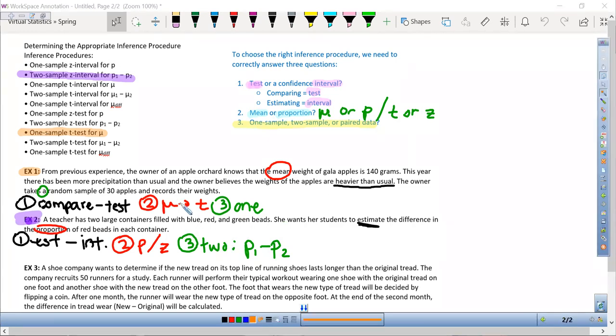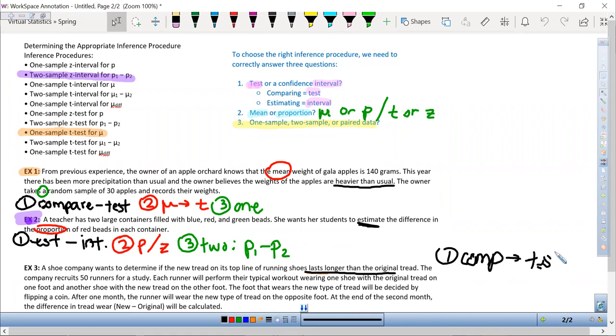Last but not least, we have that paired data in the final example. I'm going to write over here on the side. So shoe company wants to determine if the new tread is better. So remember that if we're talking about it lasting longer, that means that we're comparing, which means we're going to do a test.